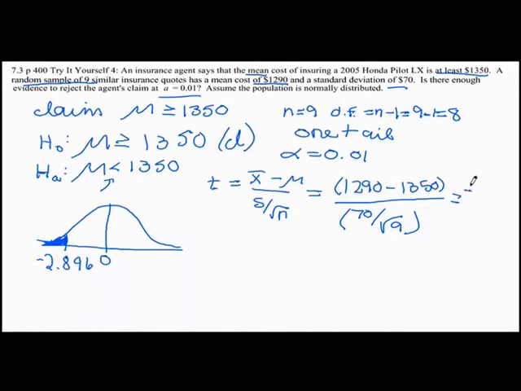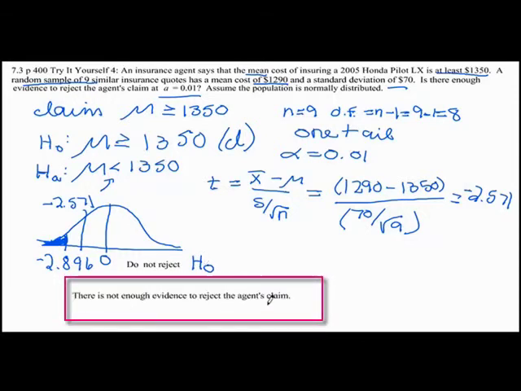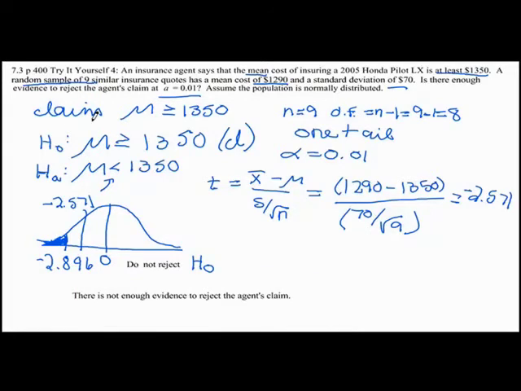And so that's our t, negative 2.571. So where does that go on our curve? Well, it's not in the critical region. That means that we do not reject the null hypothesis. So in this case, it means that there is not enough evidence to reject the agent's claim, since the agent's claim was our null hypothesis.